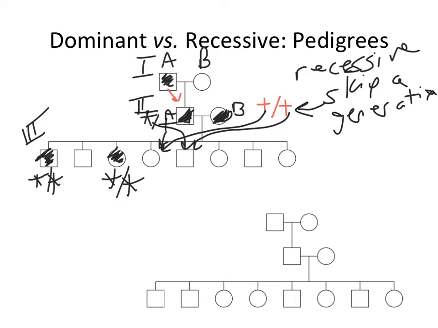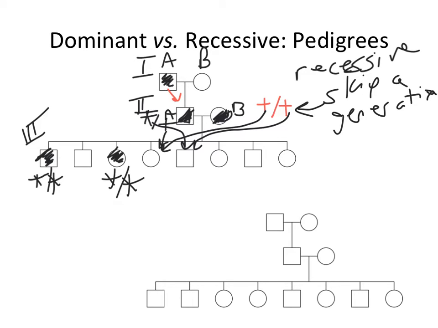This is why inbreeding is bad. This is why most human populations avoid inbreeding, because if you marry people that are related to you, you increase the probability that two of you happen to, by chance, have the same mutation because you're related to each other. So when you see two carriers marry and have kids and all of a sudden a phenotype shows up in their kids, those two individuals in generation 2 are often cousins, second cousins, third cousins, something like that.